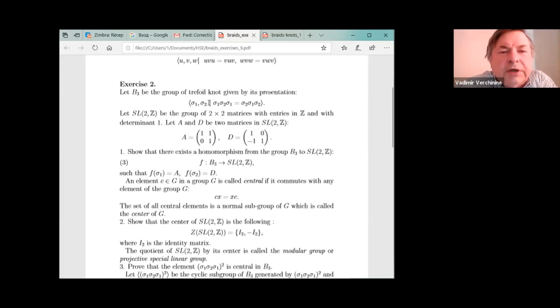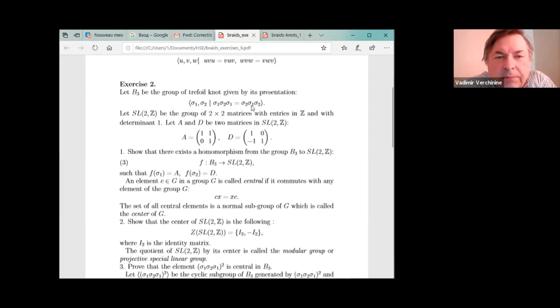If there were sigma 3, then sigma 1 and sigma 3 would commute. But as we have only sigma 1, sigma 2, I use these more or less standard notations for braids. So there is only one relation, the Reidemeister 3 relation.